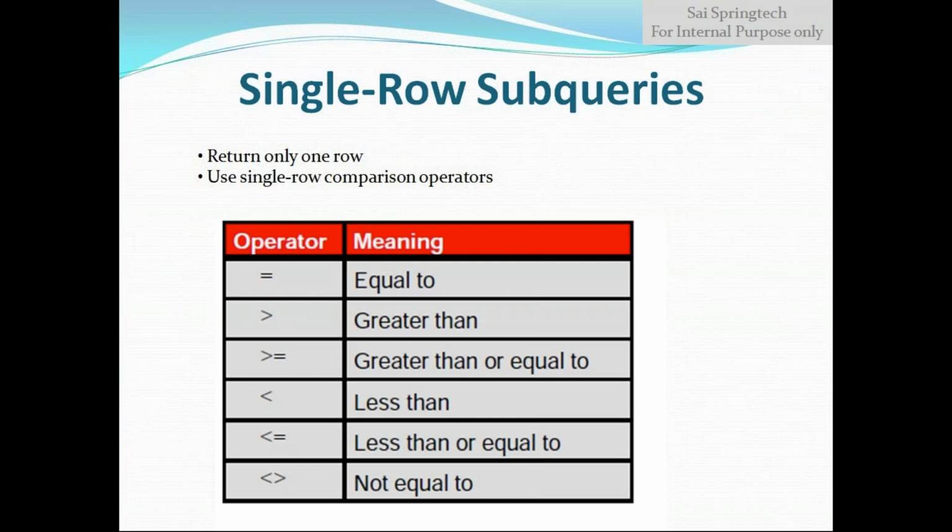Let's say I want to display the employees whose job ID is the same as that of employee number 141. Let's say employee 141 is a sales rep. Now I want to know how many employees are sales reps, which is the job ID of employee 141.